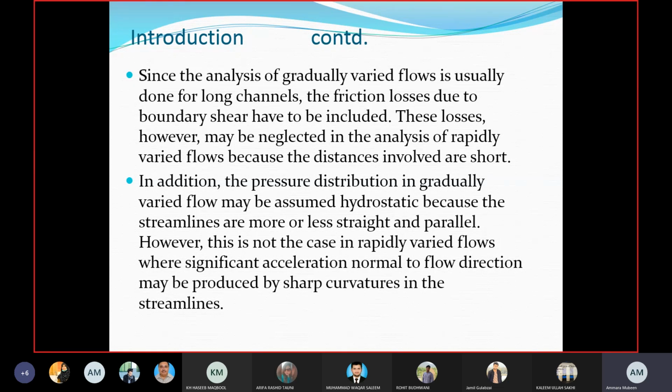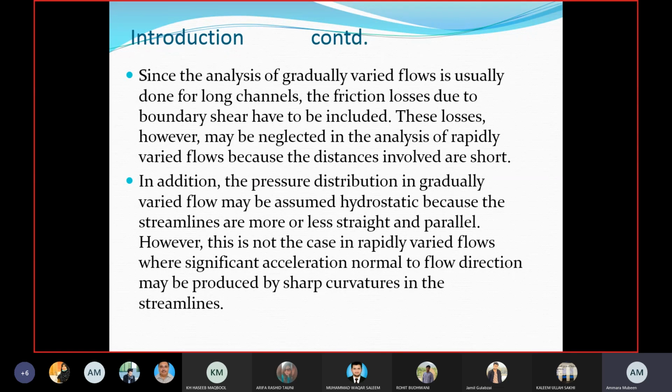So another most important parameter is the frictional losses, which have to be calculated when you are doing any analysis, may it be the pipe flow analysis or river flow analysis. These losses are actually due to the friction originating from the boundary in any cross section.